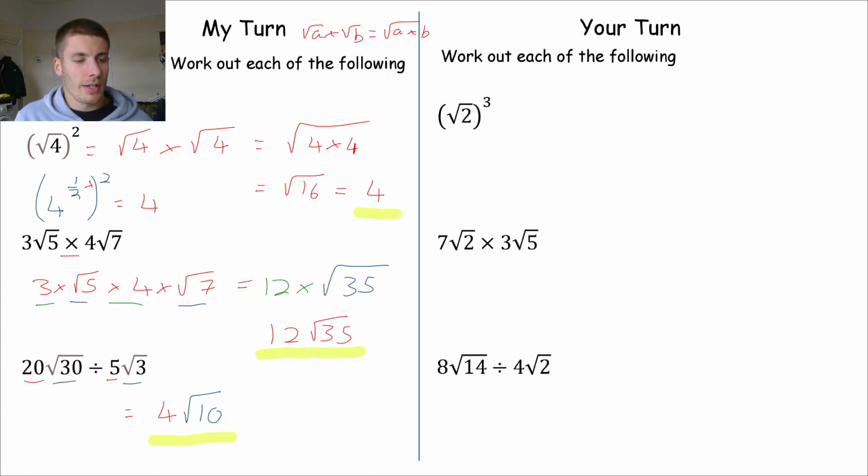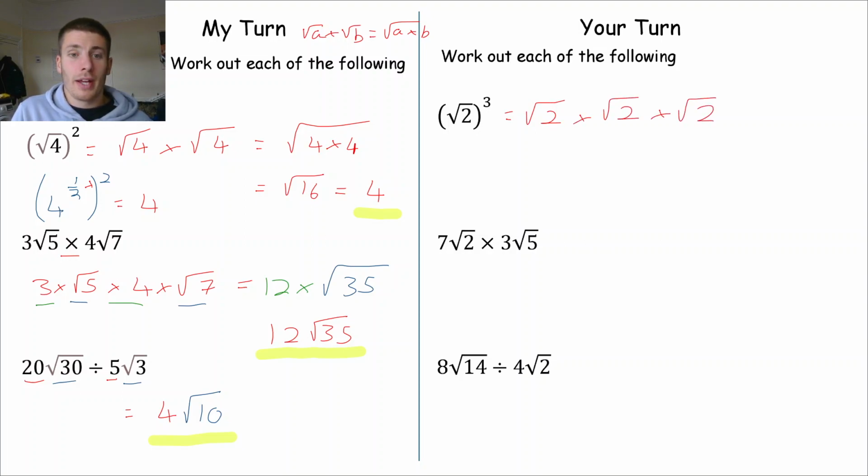Good. So you can now pause the video, you can try the 3 your turns, and we will go through these now. So the first one, we've got root 2 cubed. What if you're cubing a number? You're timesing root 2 by itself 3 times.